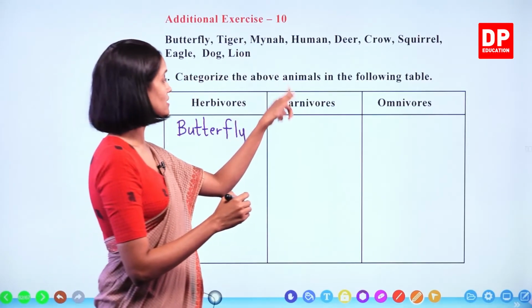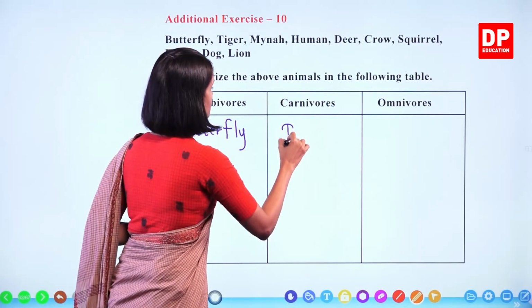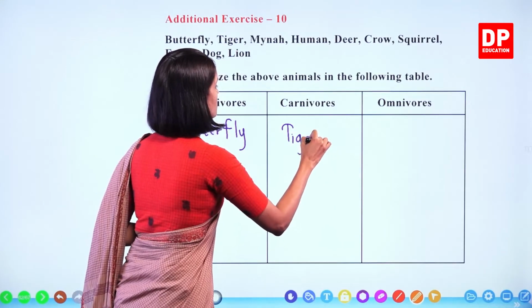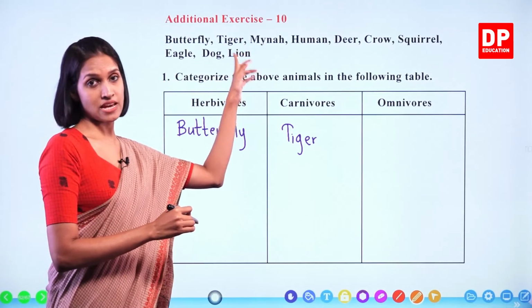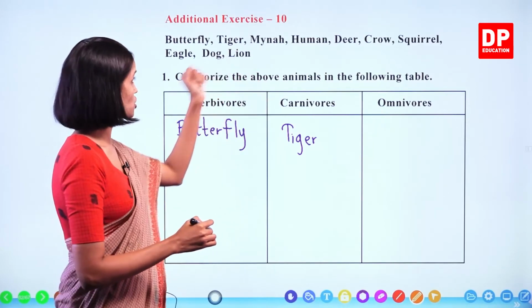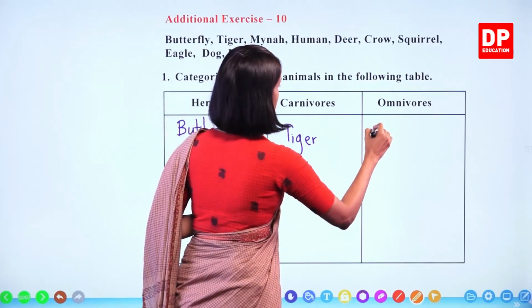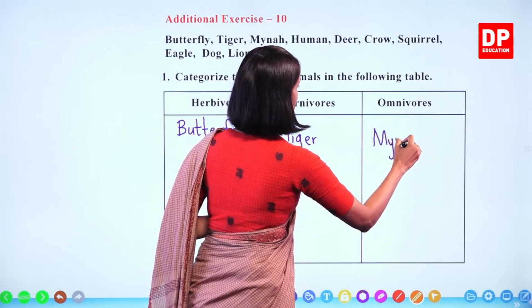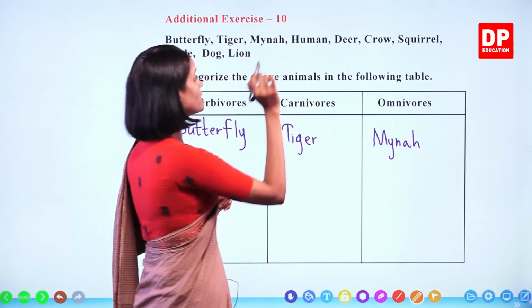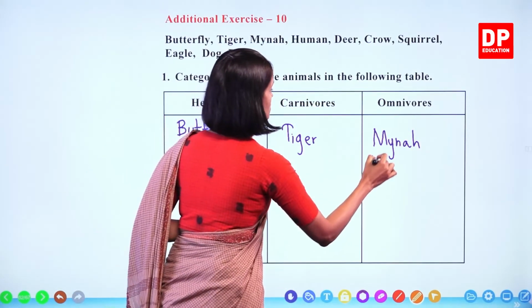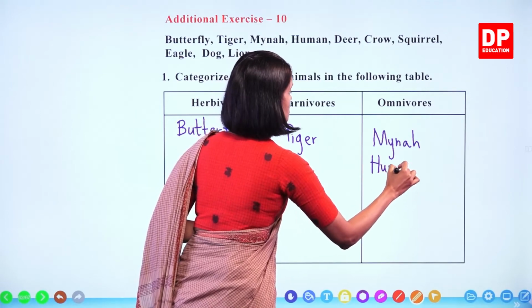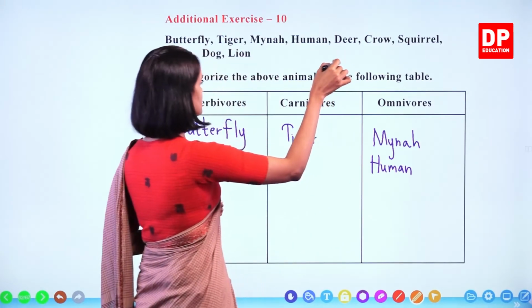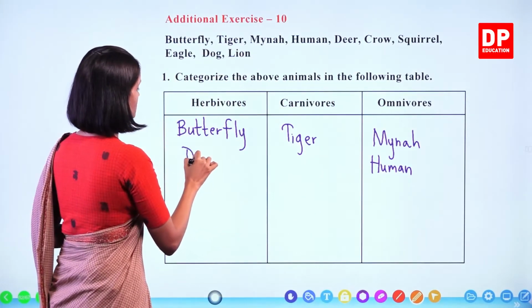Tiger, definitely a carnivore. Myna is an omnivore, children, just like the crow. Human, also omnivore. Deer, herbivore.